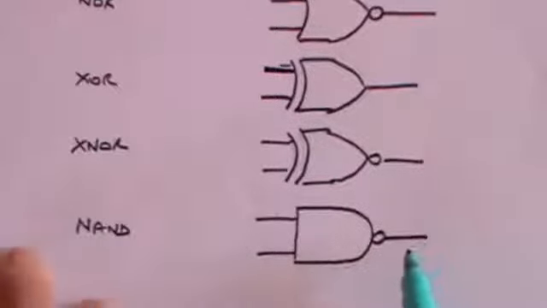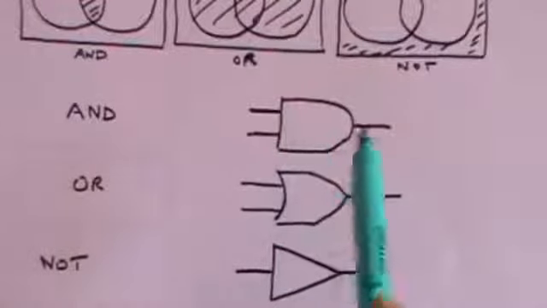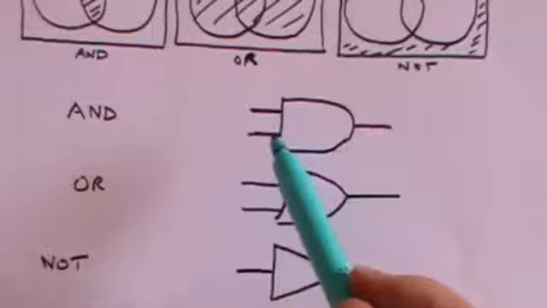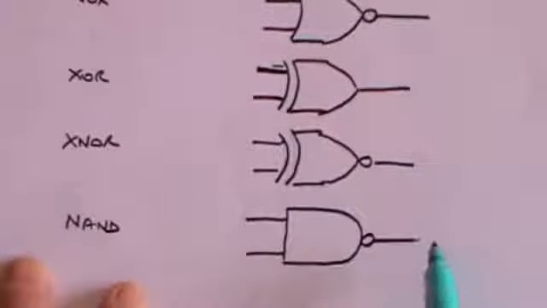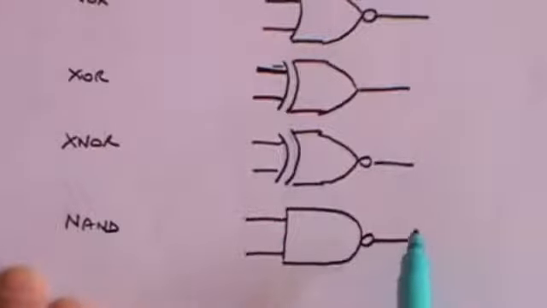And in that respect, of course, it's just precisely the opposite of the AND gate. The AND gate, you only get a positive voltage out if you have two positive voltages coming in. In this case, you get no voltage out if you have two positive voltages coming in, but if you have either one or both as 0 voltages, you'll get a positive voltage out.